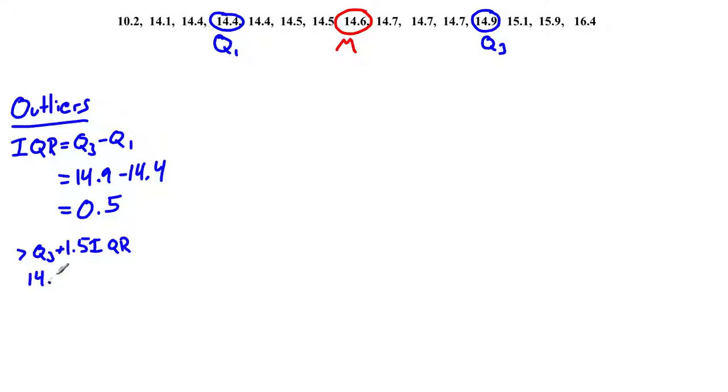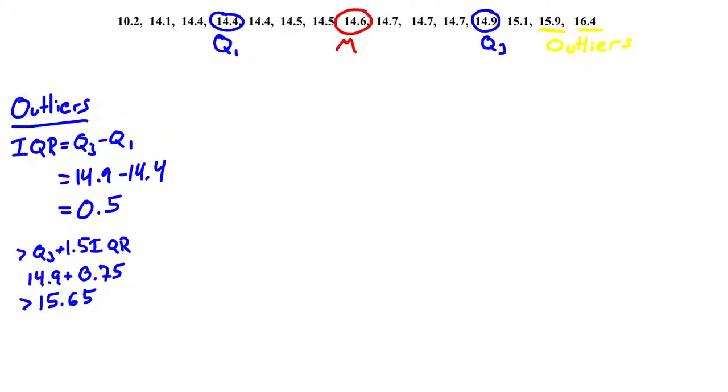So if I have Q3, which is 14.9, and I add that 0.75, I'm going to have outliers that are greater than 15.65. So looking here, do I have any values that are greater than 15.65? I actually do. I have 2. So these 2 are outliers.